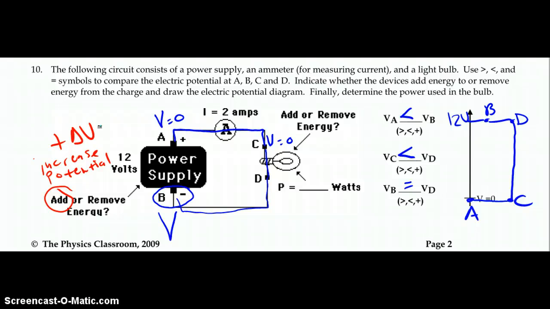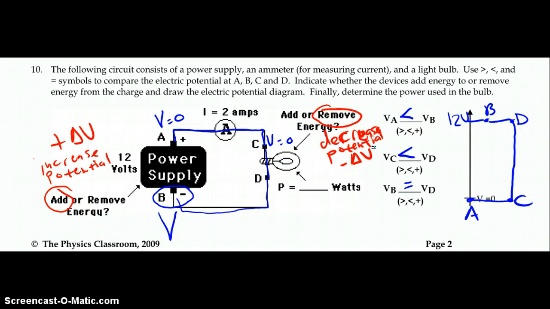On the other side, the light bulb will be taking energy outside of the circuit. And you can see that the light is leaving the circuit when you turn it on. So we usually think of that as a decrease in potential. So we often call it a drop of potential. And when we are comparing those, we usually think of that as a negative potential difference.